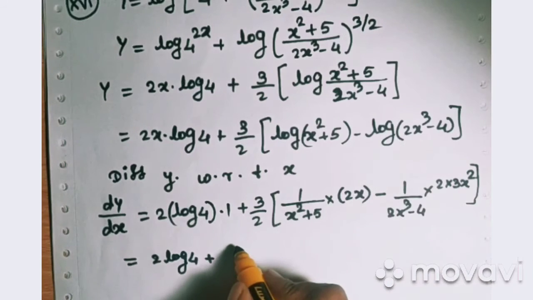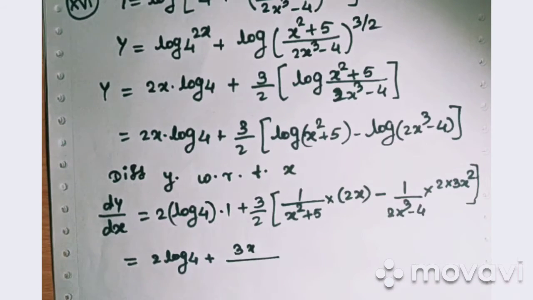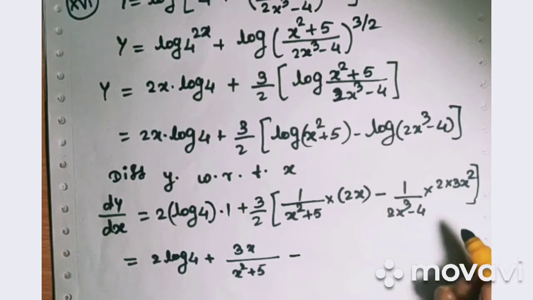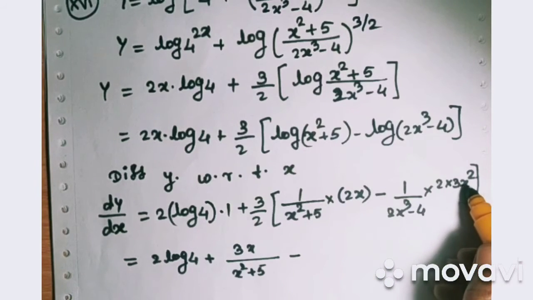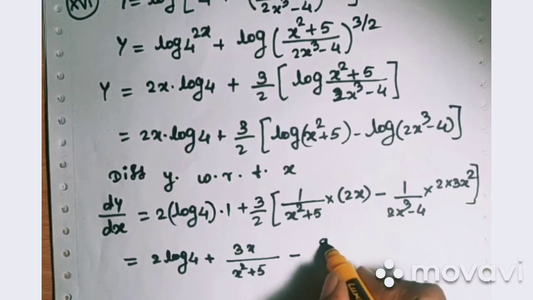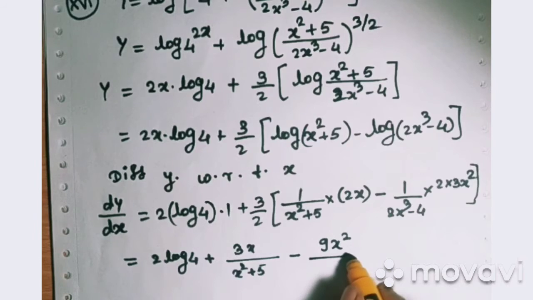The 2s get cancelled and it becomes 3x divided by x square plus 5, minus 3x square, and this 3 becomes 9x square, and the 2s get cancelled, it becomes 9x square divided by 2x cube minus 4.